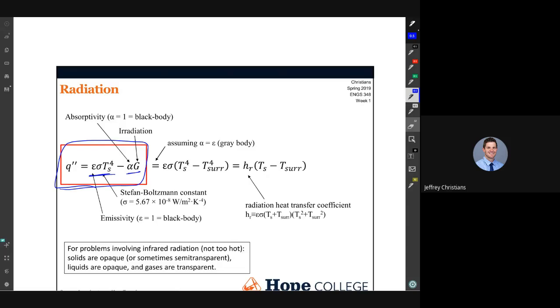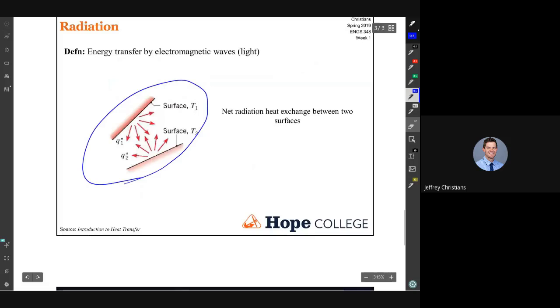If you're absorbing what something else is emitting, you could basically rewrite this equation, the left-hand side, and plug that in for G, if that makes sense. And we'll do this explicitly so that you can see how it works. If you have a situation like this, how much heat is that guy emitting?